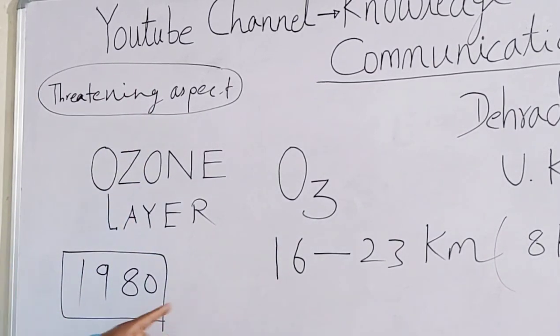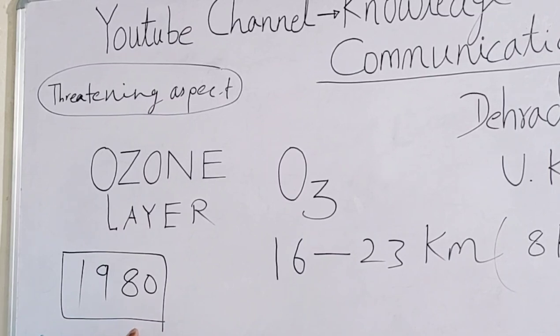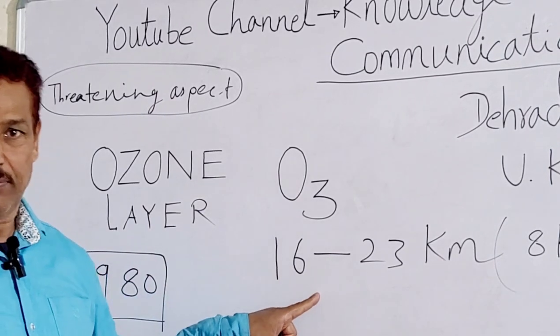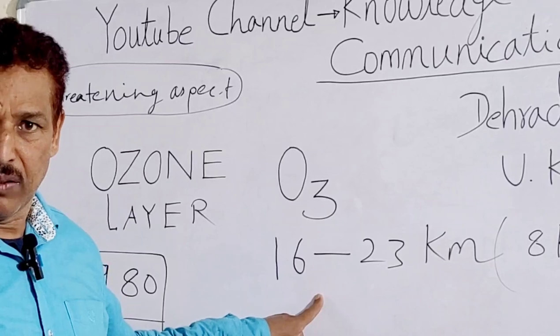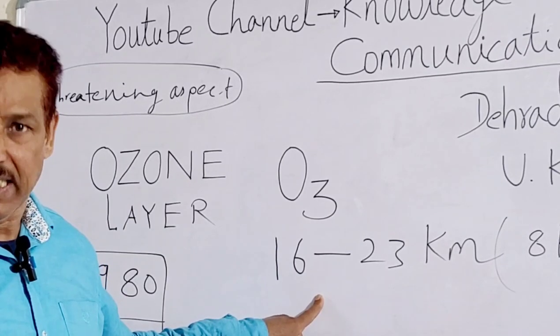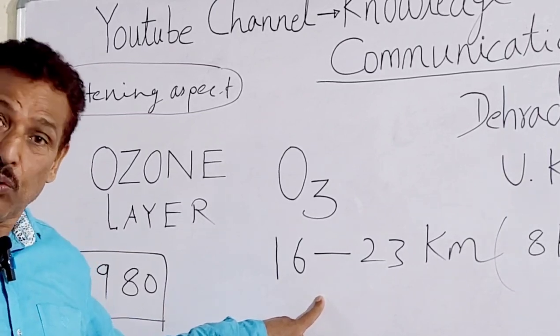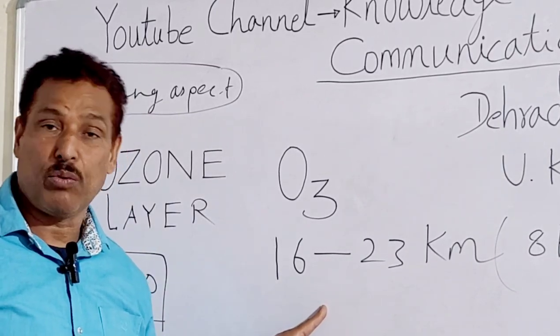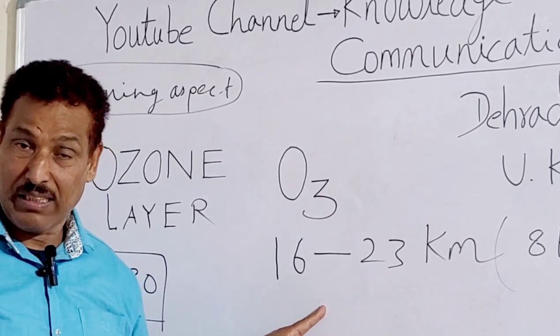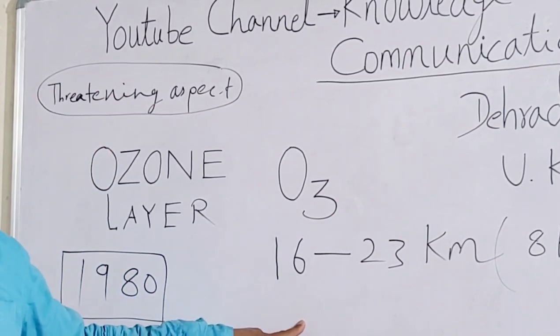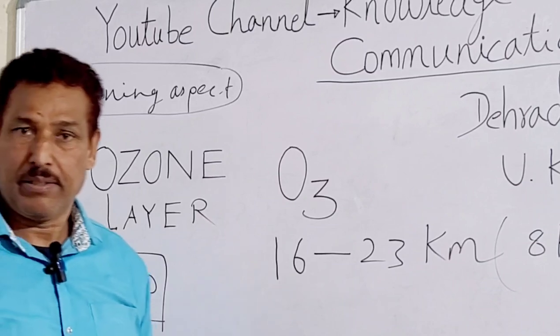So actually, according to a study carried out in 1980, the ozone layer has developed holes at different places. And what is happening? Through those holes, ultraviolet rays coming from the sun through insolation, these highly dangerous, fatal rays, are damaging our environment.